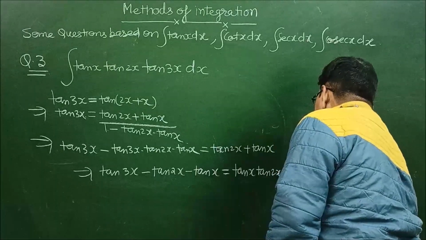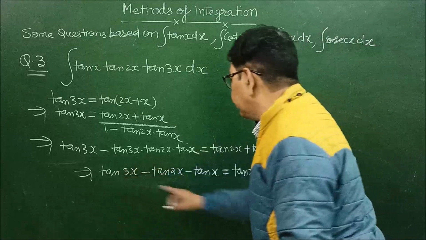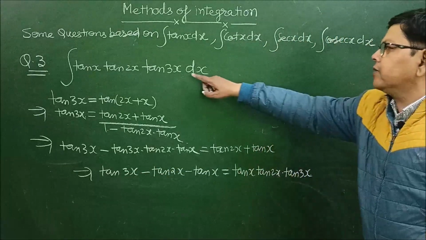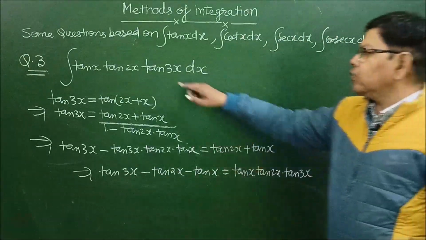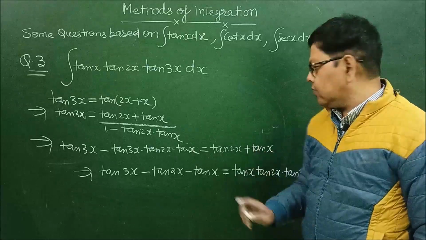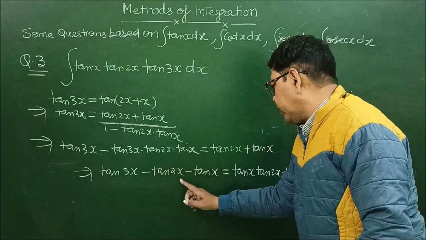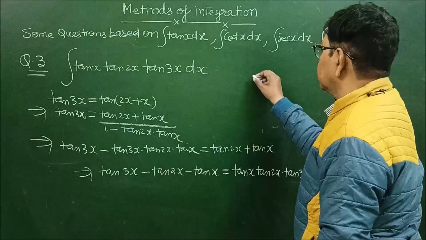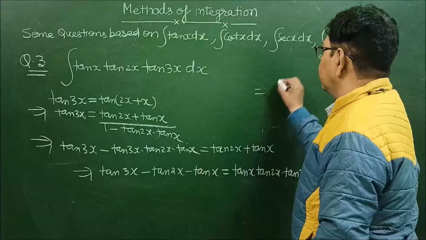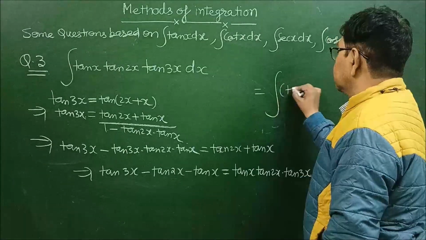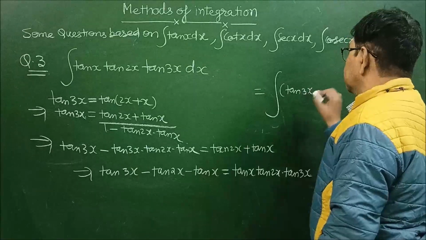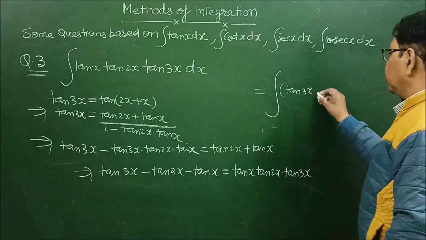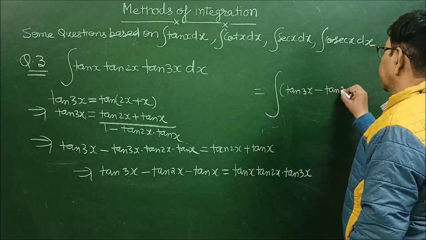Now this multiple form has been converted into minus form. So we can replace this tan x into tan 2x into tan 3x by tan 3x minus tan 2x minus tan x. So this integral now reduces to integration of tan 3x minus tan 2x minus tan x.